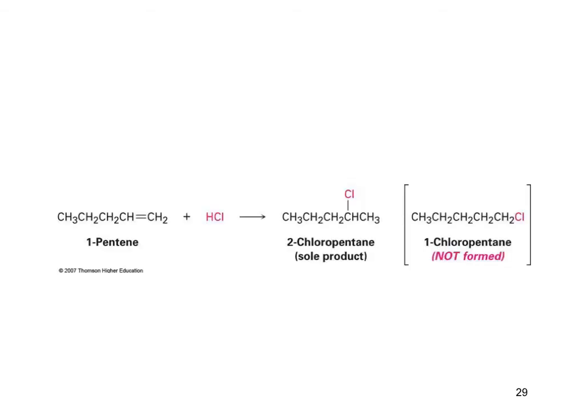Okay, so let's take a look at 1-pentene with HCl. Hopefully you can see that there are two positions where your HCl will come in, those are going to be carbons 1 and 2. When the HCl gets added, you could have a positive charge here, versus a positive charge at the terminus.